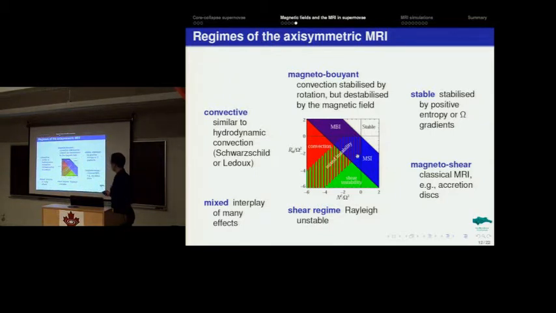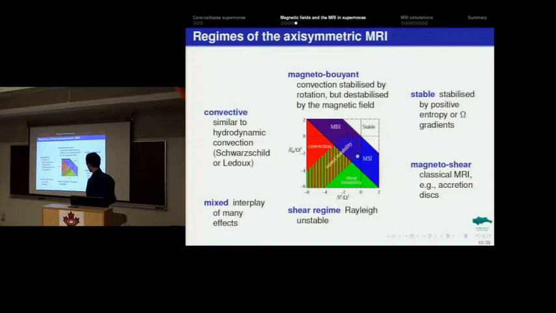So depending on whether you have strong thermal gradients or strong omega gradients, you can get, for example, ordinary convection, the standard accretion disk magneto-rotational instability, which we called in here magneto-shear, hydrodynamic Rayleigh instability, or some mixed regime.